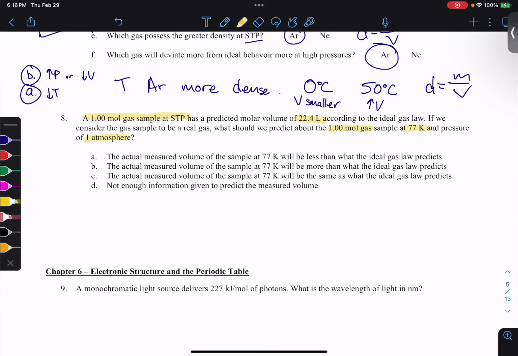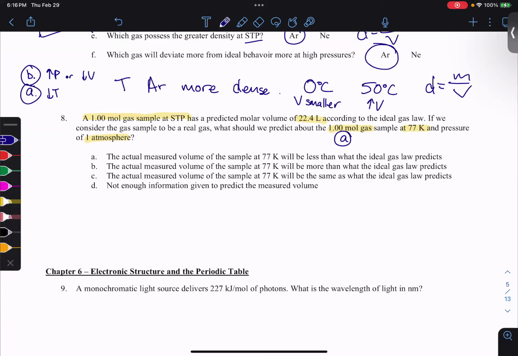What term is important here at 77 K? Is it going to be the B term this time? Nope, it's going to be the attractions term, yeah. So what do we think? If the A term is important at 77 K, what will our actual volume be?